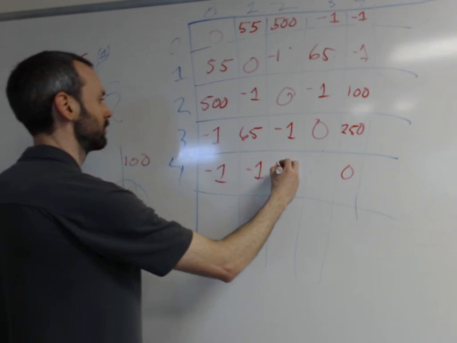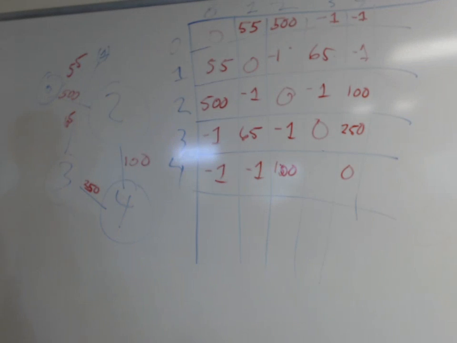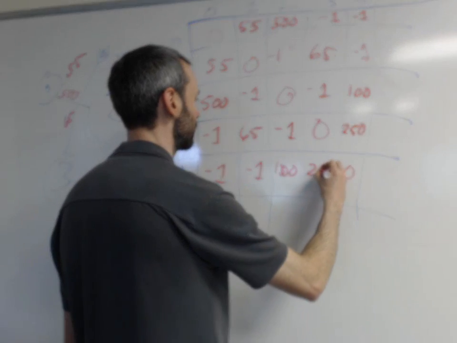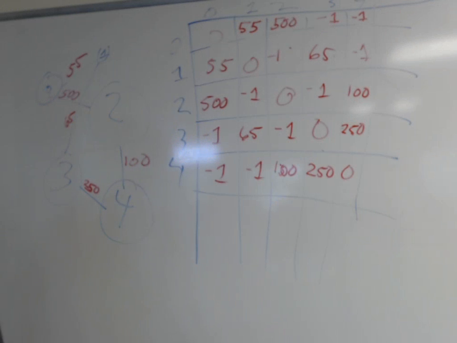And then 4 to 3? 250. Okay. Now what's the shortest path?